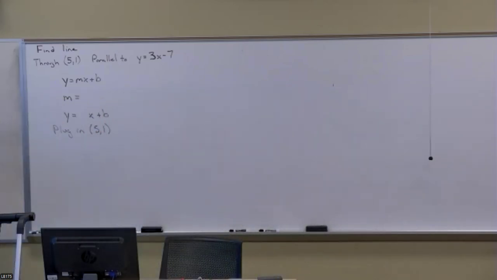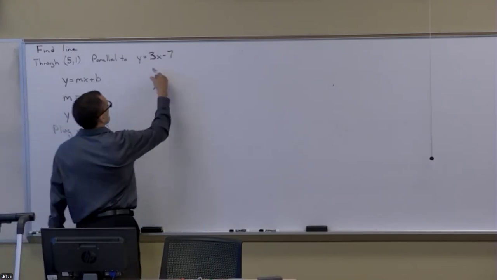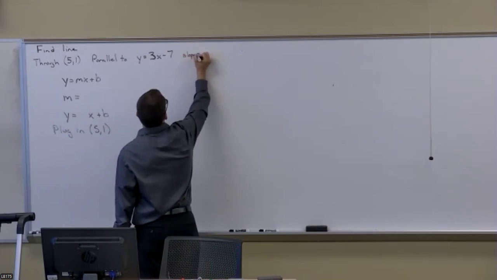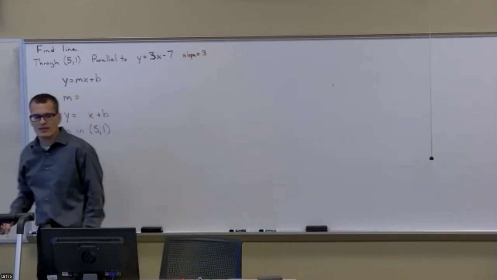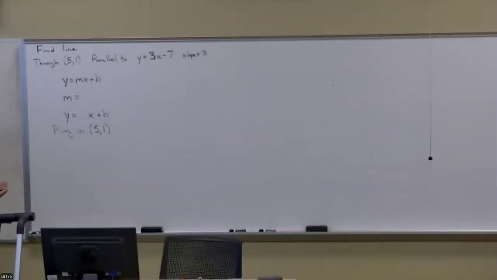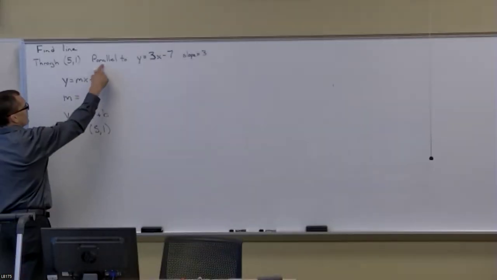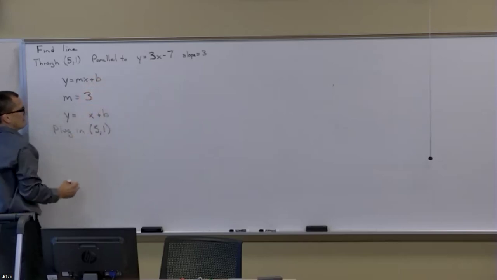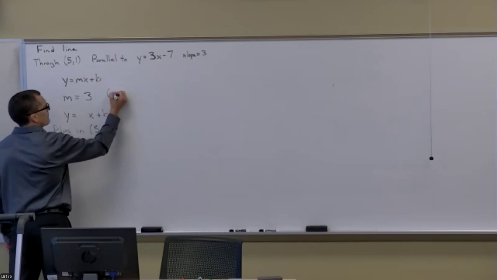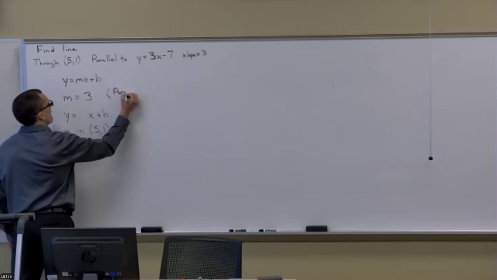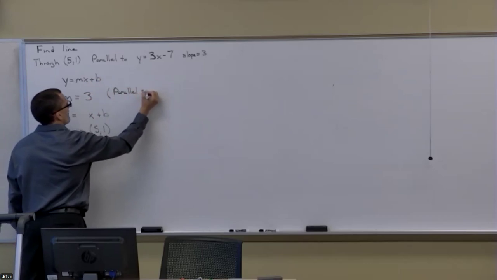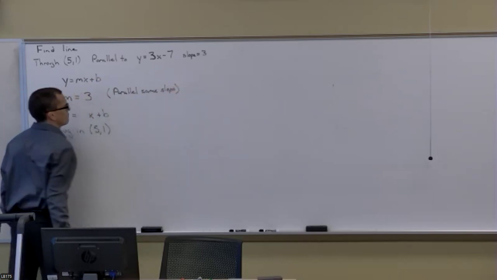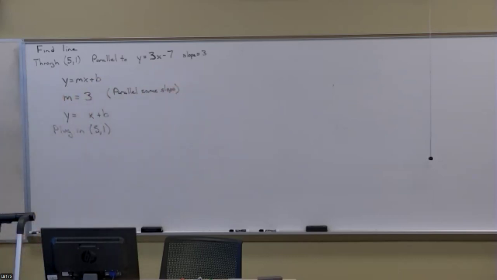All right. So, first off, this line that we're given has slope of 3. So that means if I'm trying to find my line, and I know that my line is parallel to that one, my line also has to have slope of 3. Parallel lines have the same slope, so I'm going to use 3.